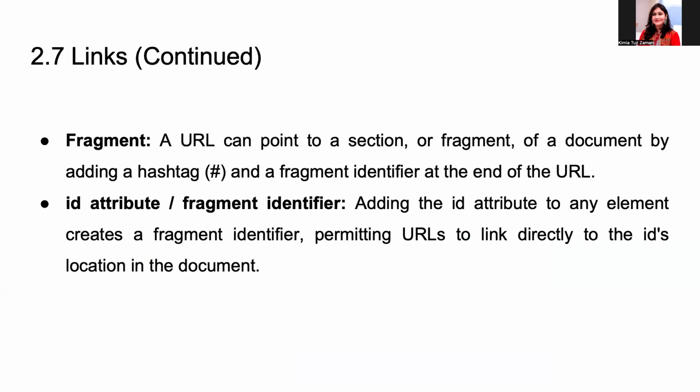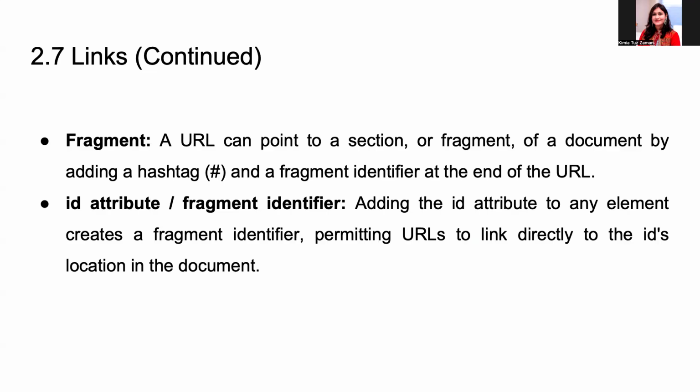Now let's look at how we can link to a specific section within the same web page using what's called a fragment identifier. A fragment is created when we add a hashtag followed by a name at the end of a URL. So for example, index.html#about.